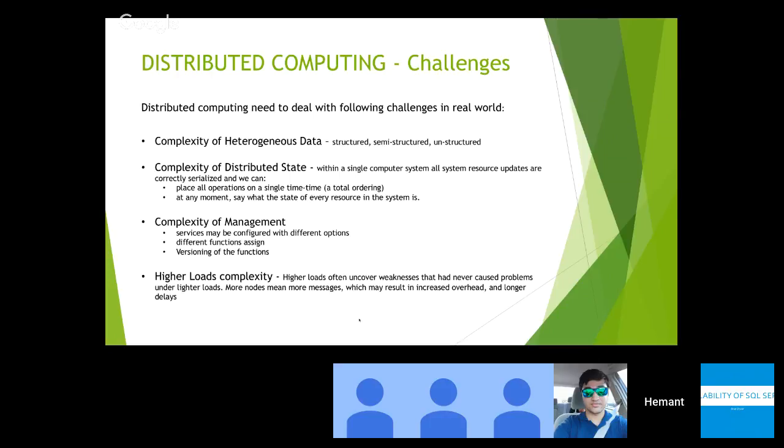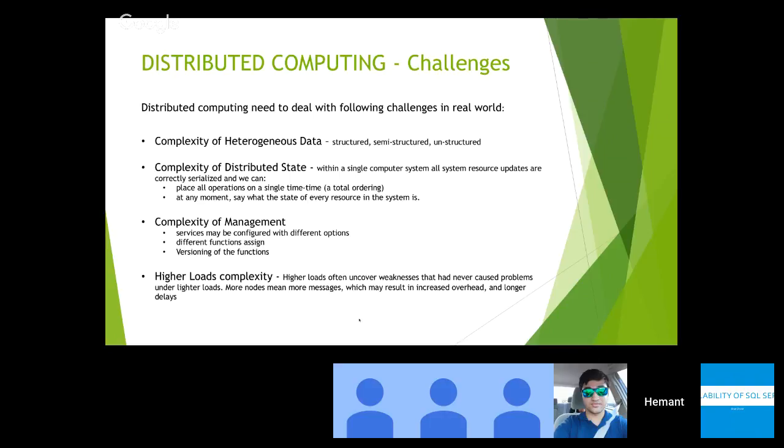Then different functions have to be assigned, like I was talking about multiple controls; different components can have their own set of roles defined in the distributed system. So we have to assign and manage that. And then definitely the versioning of the function. The solution will keep growing, and we will have different functionality, so managing those things is one of the biggest challenges there.